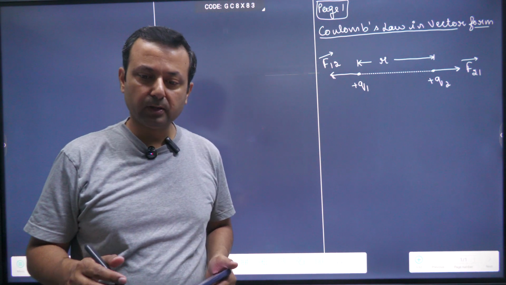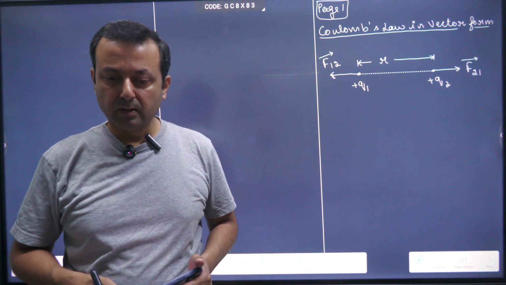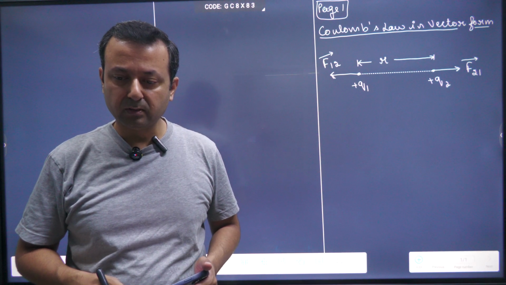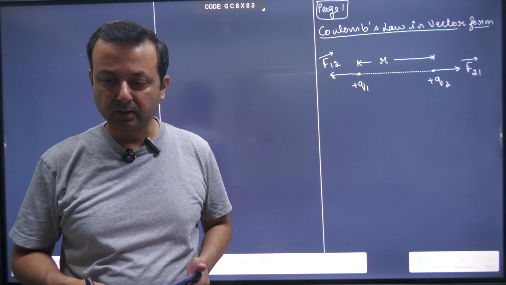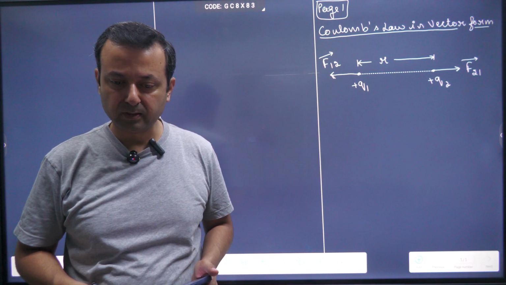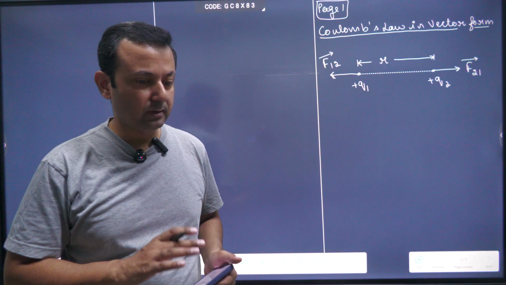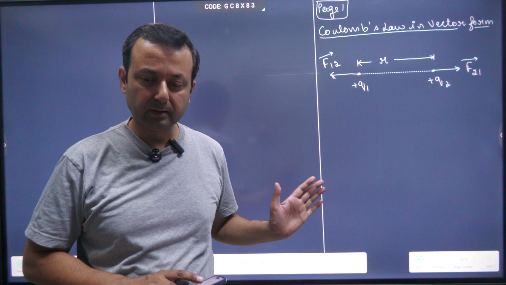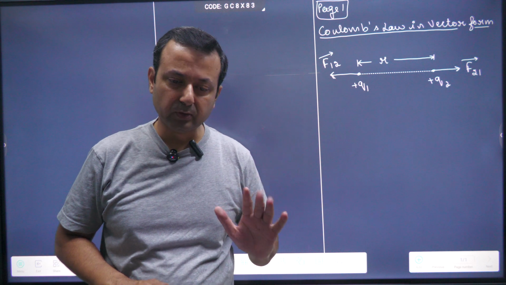Okay, you do one thing. Try to switch off your camera. I think it is taking a little bandwidth, so the connection might be disturbed. So what I have told you, are you getting it? I can hear you now. I could not hear what you were saying earlier. Okay, so I'm going to repeat it.